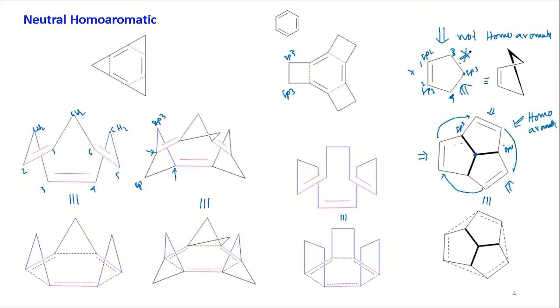Sir, one sp3 carbon must be present, no? What you are telling, I am not getting. Sir, one sp3 hybridization system must be there. This is the definition: the delocalization should happen overlooking one or more than one sp3 center.